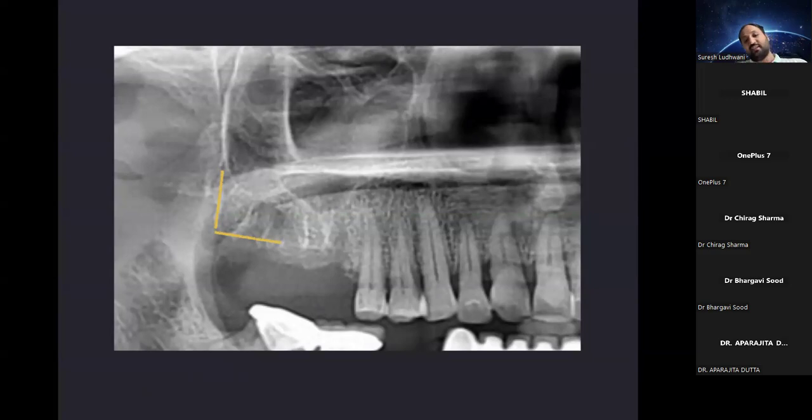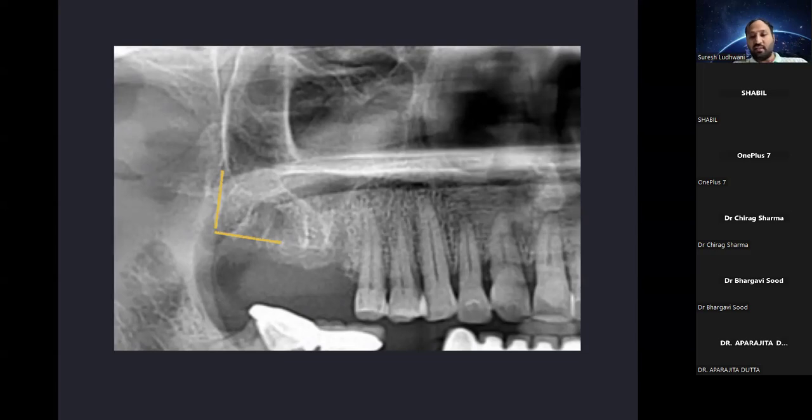This is the most important thing which you need to remember, which I call the theory of triangle. If you can mark these two lines in a proper way, you have won the race. The horizontal line is the alveolar bone, and the vertical line is the end of the tuberosity going up and hitting the junction of all three bones.